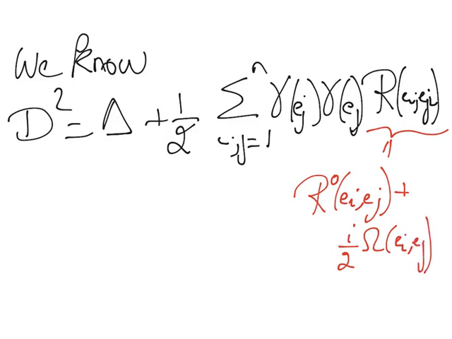So let's do it, and we already know the local expression of R0 e_i e_j.